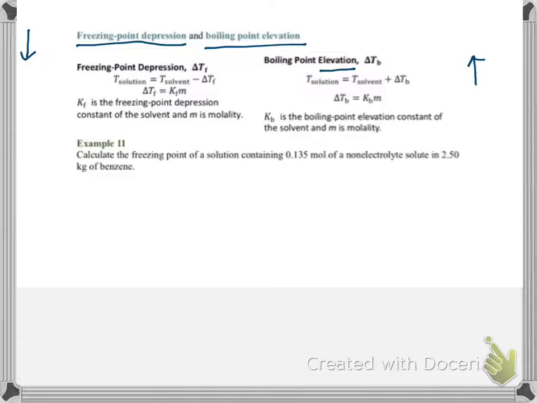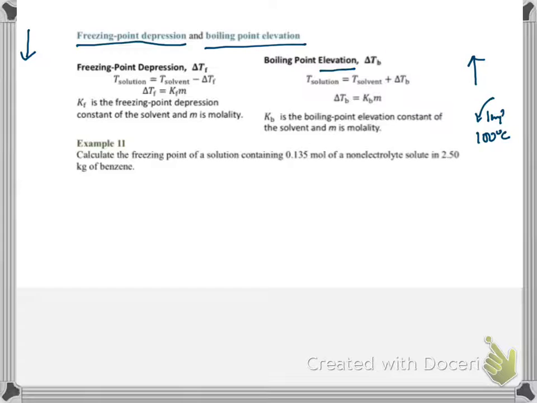So again, for example, water boils at 100 degrees Celsius, but if you add some impurities or solute particles, what's going to happen? It's not going to boil at 100 degrees Celsius. In fact, it's going to boil at a higher temperature, 102, 104, and so on.